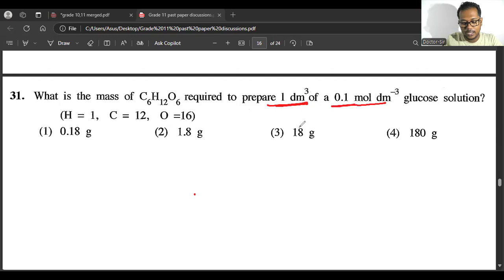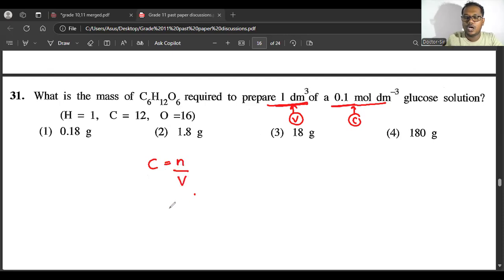Then we go for calculations. This is the volume and this is the concentration. So we have a connection here: C equals n divided by V.